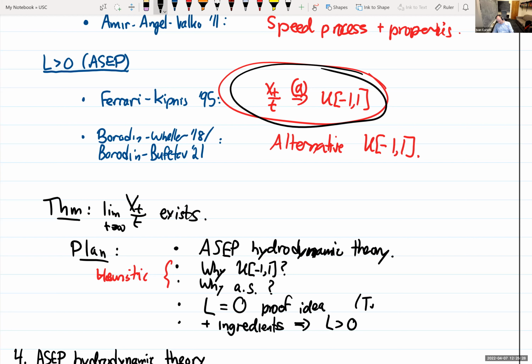So this is TASEP, and this is ASEP. Because TASEP is just a little cleaner, I'll focus the proof on TASEP, and then I'll tell you exactly what you need in order to go up to ASEP, and hopefully at that point it will be clear that it should work.